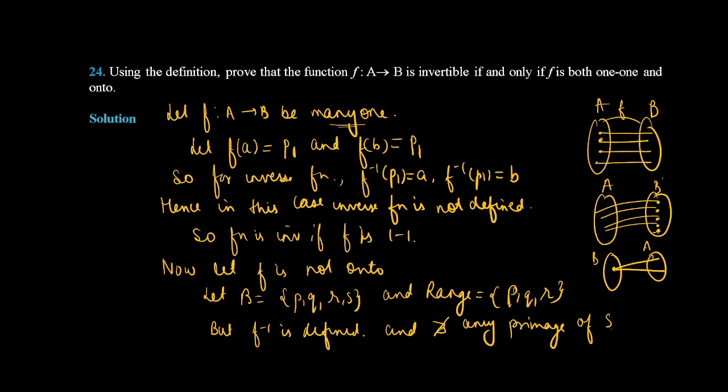Because for s there will be no preimage. So that means the f inverse function is not defined here. Okay, so that means the function must be onto. So this implies the function is onto. We cannot take it as not an onto function. So the function is invertible if it is one-one and onto both.